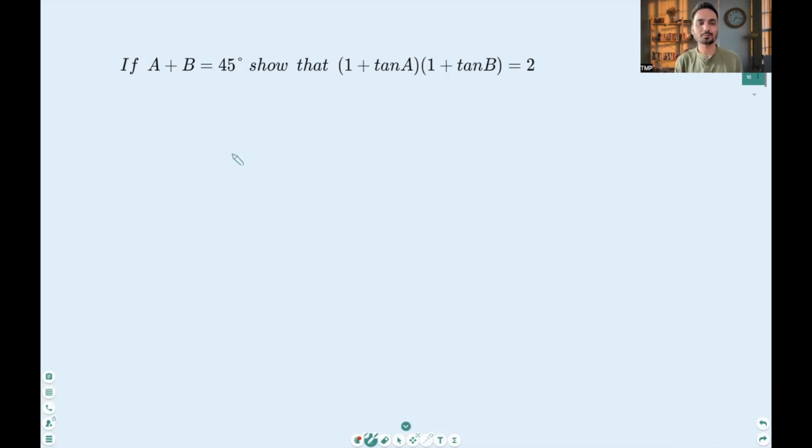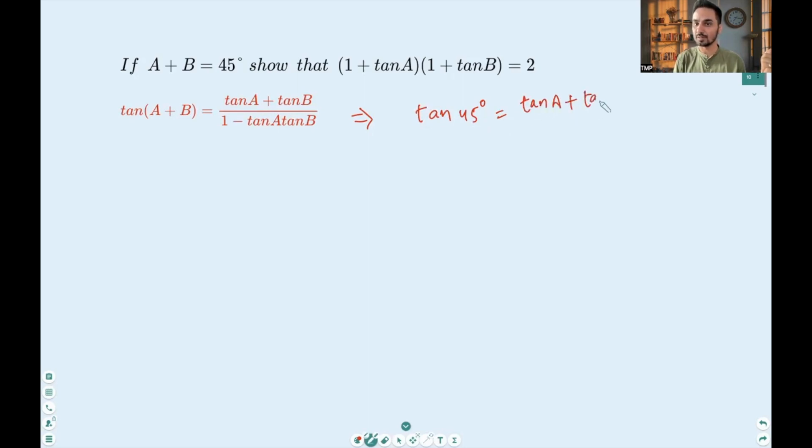We know that tan A plus B is tan A plus tan B over 1 minus tan A tan B. And if we replace the value of A plus B with 45 degrees, the left-hand side will change to tan 45 degrees. The right-hand side will remain the same, tan A plus tan B over 1 minus tan A tan B. And we know that tan 45 degrees is equal to 1.